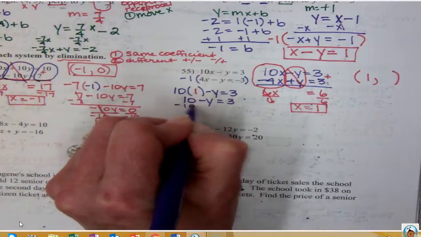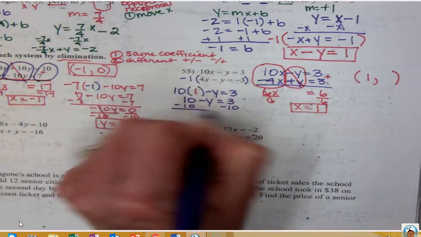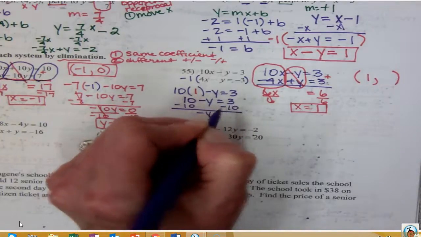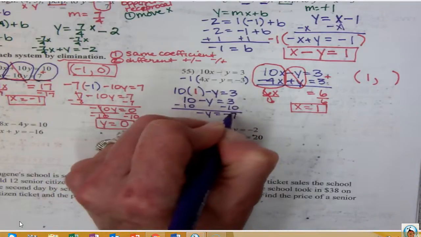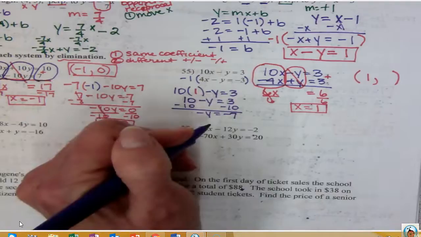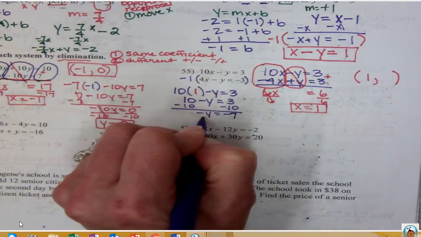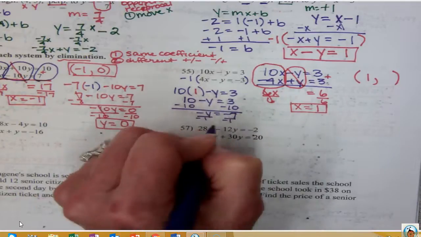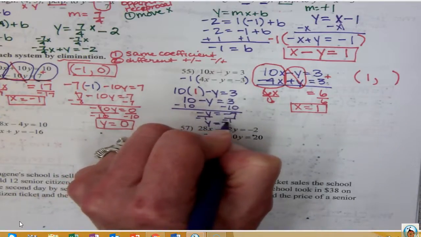Now I've got to subtract 10 from both sides, and I get negative y equals 3 minus 10 is negative 7. However, I cannot have a negative y. I've got to then divide by negative 1, divide by negative 1, and I get y equals positive 7.